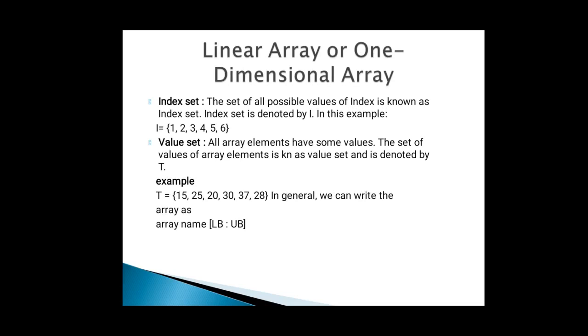The set of values of array elements is known as value set and is denoted by capital T. In the previous example, the contents are 15, 25, 20, 30, 37 and 28. We can write the array as array name, square bracket, LB, colon, UB.